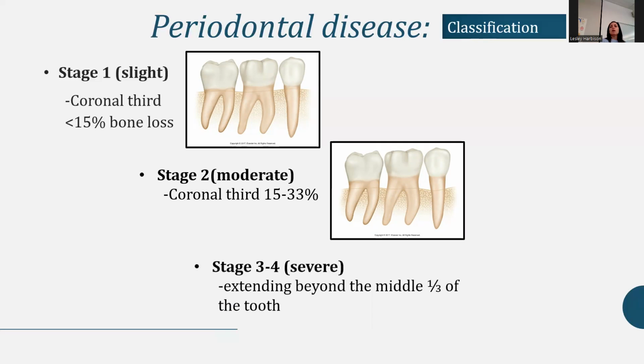And then stage 3, 4, severe, extending beyond the middle third of the tooth. Once we're out of the coronal third, we hit the middle third, and if it goes into the middle third, we're at severe. When you're in clinic and you look at radiographs, you just have to get used to it, and this isn't the easiest thing to do, trust me.